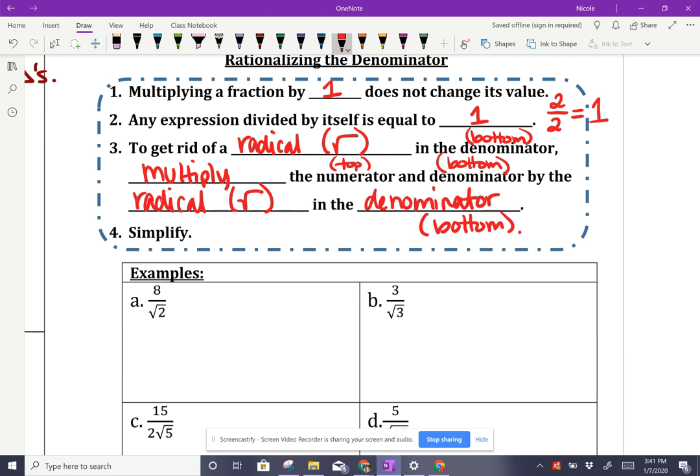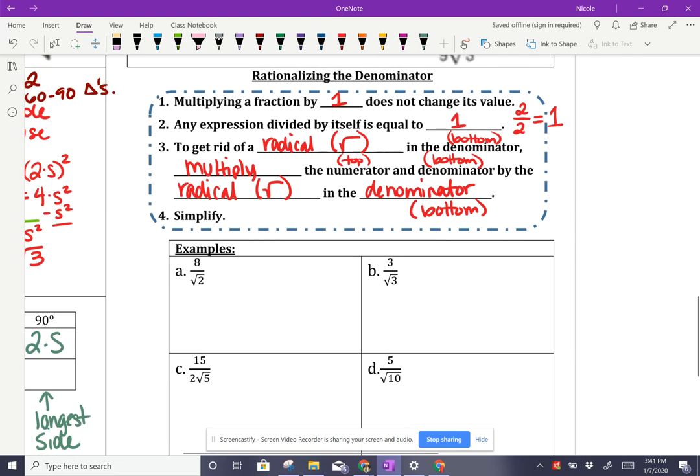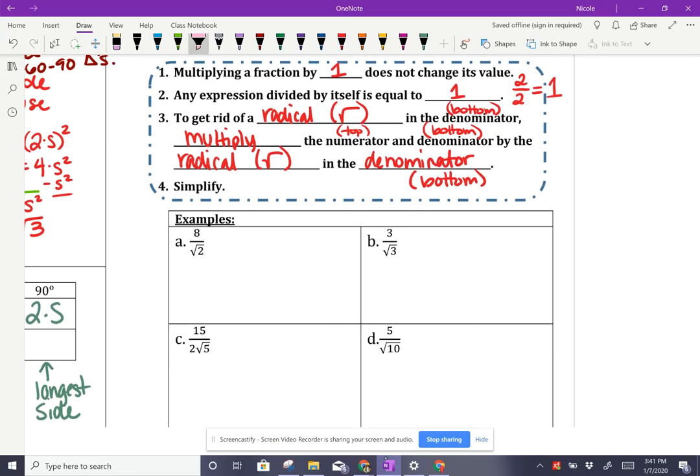And then our last step, of course, is to simplify. So let's go through this.